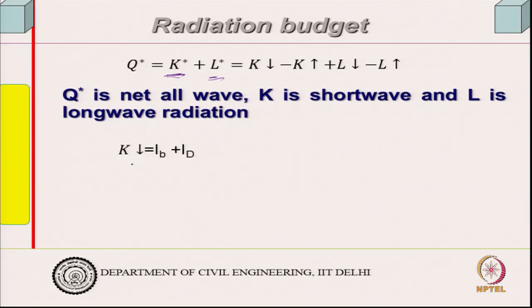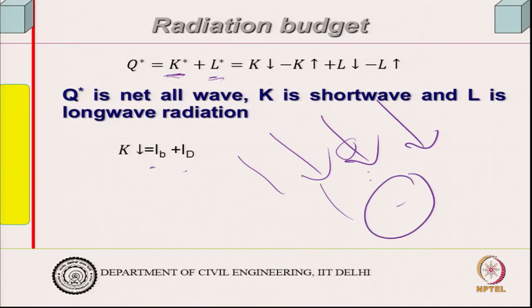So, what is coming in downward must equal beam radiation plus diffused radiation. As I mentioned, diffused radiation comes from all sides because particles absorb, and the sun is very large compared to the earth, so the sun's rays fall like a beam onto the whole surface of the earth. The earth is small, so radiation comes from all directions.